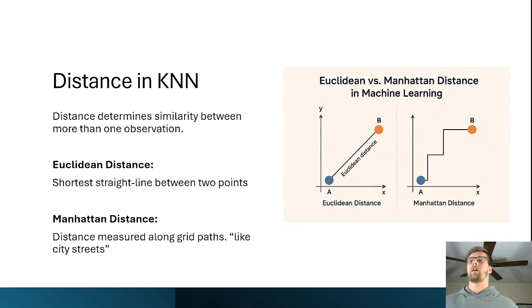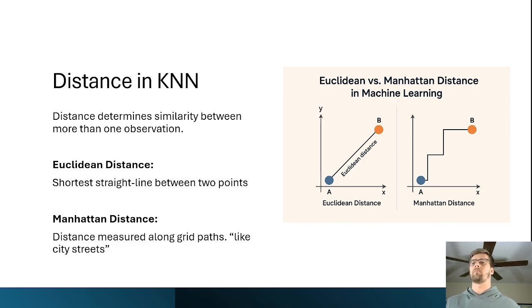The concept of distance is central to the KNN algorithm because the model determines similarity between observations using a distance metric. The first and most common metric is Euclidean distance. This measures the straight line distance between 2 points in feature space. Think of this as the direct path between two locations.